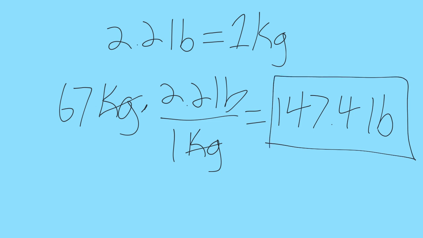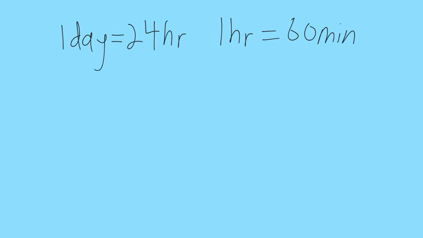Now, one simple conversion isn't too bad, but let's try a couple conversions at the same time. All right, so let's start off with some time then, since there's multiple conversions in time. So let's say we have 2 days, and we want to know how many minutes are in those 2 days. So our first one is days to hours, and then we can connect it to hours to minutes, right?